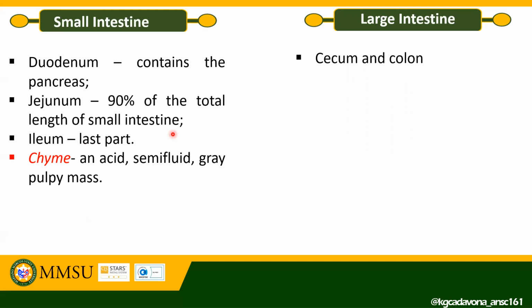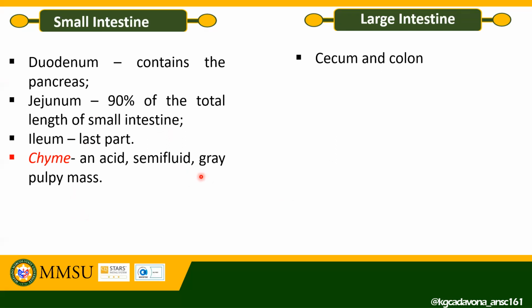So after the partially digested feed leaves the stomach, there is this called as the chyme, okay, which is an acid semi-fluid gray pulpy mass, of which in the small intestine, the chyme is mixed with the digestive juices. So what are these?